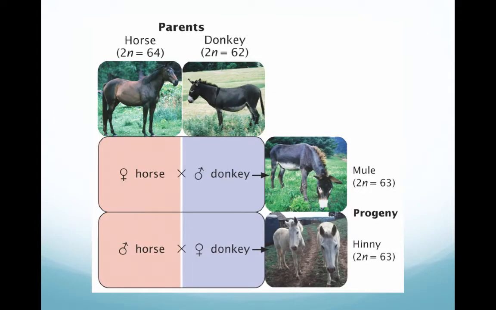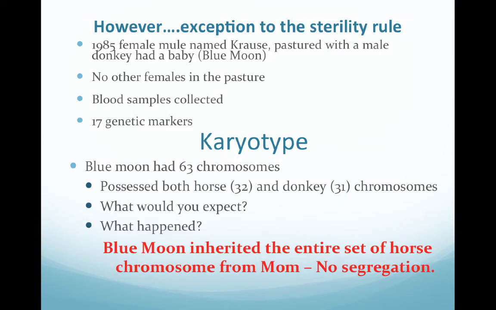This is just a visualization of how this takes place. So we end up with either a mule if it's a male, or a henny if it's a female, but realize that they are not fertile individuals if they're a cross between the horse and the donkey.